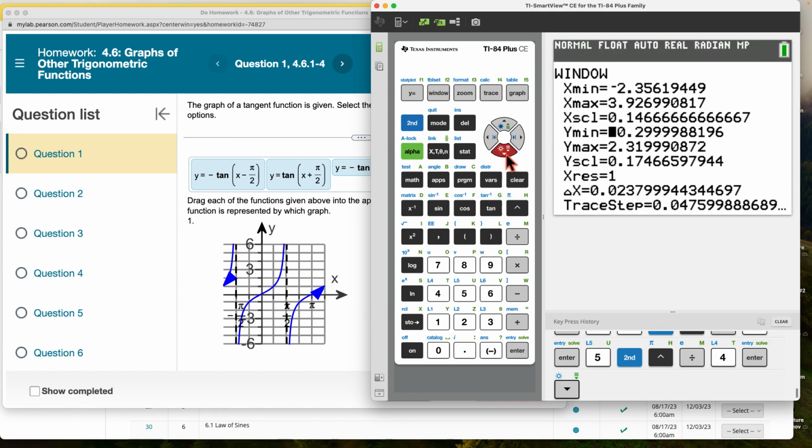The y values I want to change, so the y minimum is -6, and the y maximum is +6. Y scale and all, I don't play with those. It's how often they do markers and stuff.